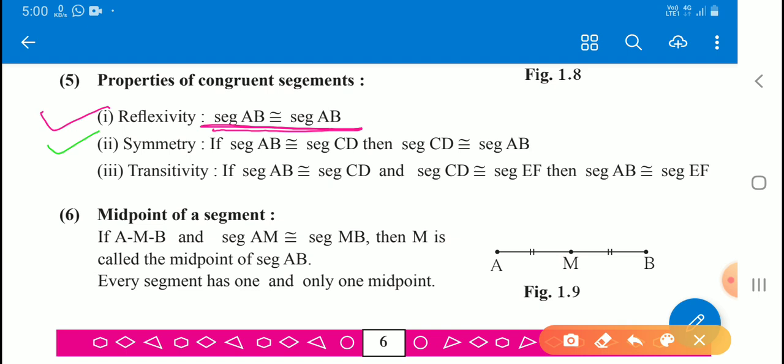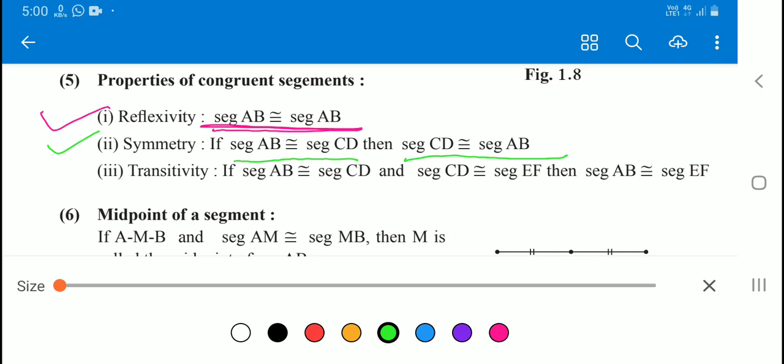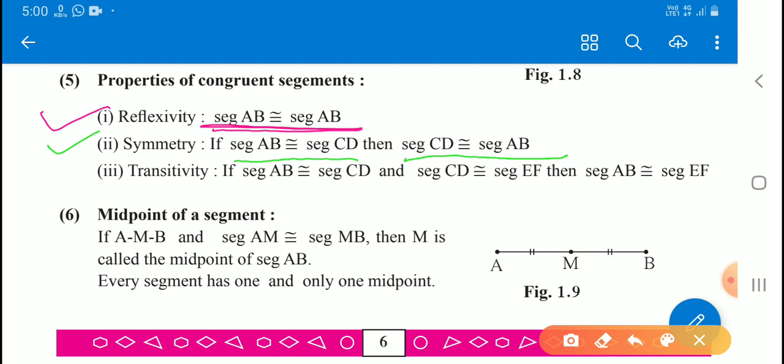Here it is given that if segment AB is congruent with segment CD, then segment CD is also congruent with segment AB. Now we will see the third property, that is transitivity. What is meant by transitivity?